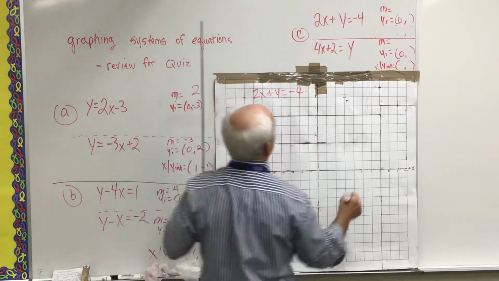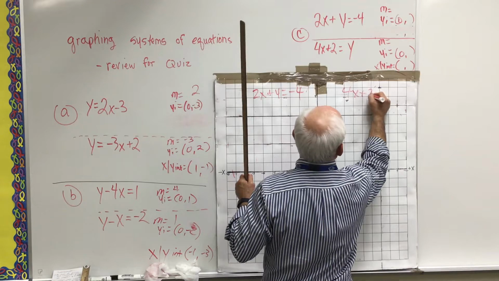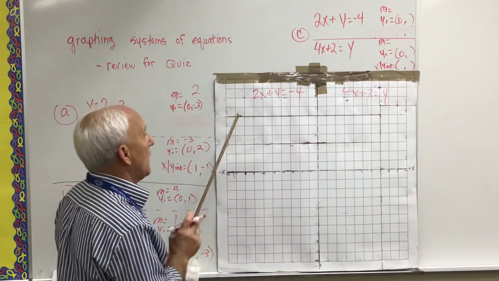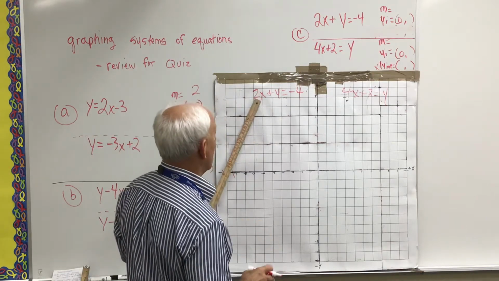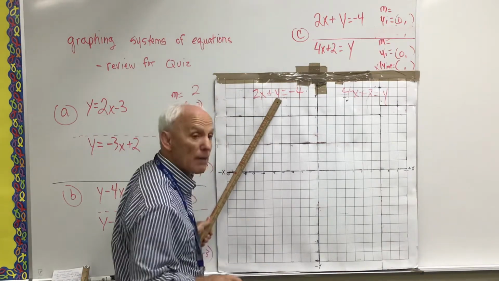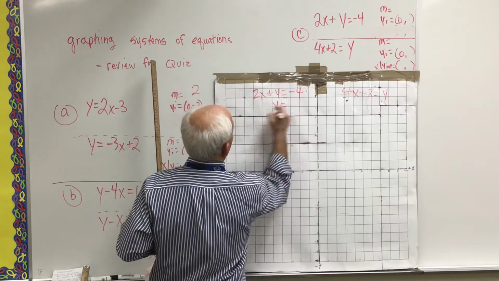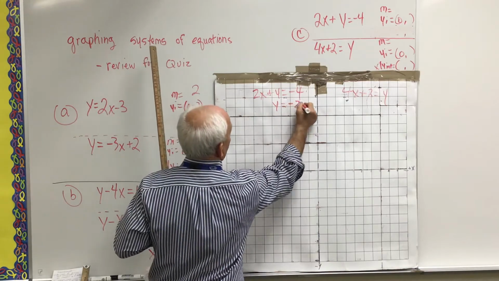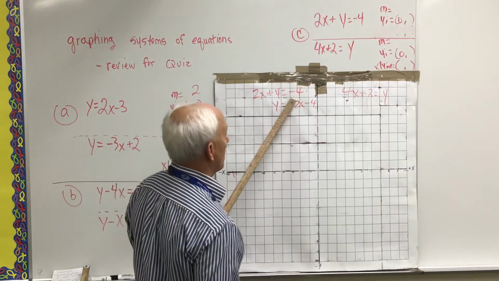And then we have 4x plus 2 equals y. All right, now I have something here. I'll go ahead and do this the regular way. Can I get rid of the 2x to get the y by itself? Yes, I can. So it's going to be y. What happens to positive 2x? It becomes negative 2x over here, and then minus 4 stays the same.